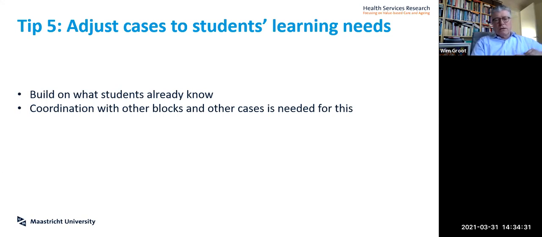So it also needs some information gathering from what has already been addressed in previous blocks, and also within the block, so that you have a build-up in knowledge within the unit. Can we go to the next?